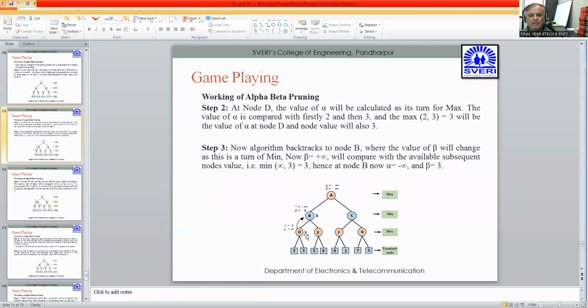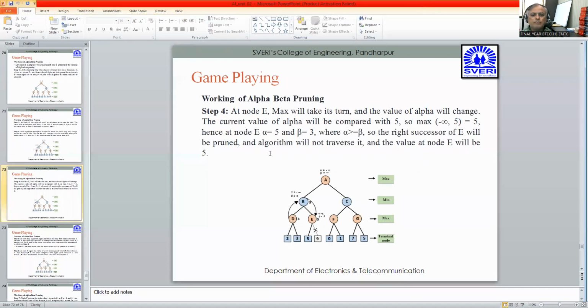So यहाँ 3 मिल गया. अब 3 मिलने के बाद वो B की तरफ चला गया. अभी यहाँ जब 3 था तो उस वक्त मैक्सिमम था. जब मैक्सिमम था तो हमने इंफिनिटी लिया, बराबर. जैसे वो इधर चला गया वो मिनिमाइजर में चला गया. सो मिनिमाइजर में चला गया तो इसका मतलब उसने 3 लिया, है ना? सो 3 लिया तो अब मिनिमाइजर की कंडीशन क्या है? माइनस इंफिनिटी है. सो इस स्टेज में कितना हो गया? बीटा 3 हो गया और अल्फा कितना हो गया? माइनस इंफिनिटी. अंडरस्टैंडिंग?